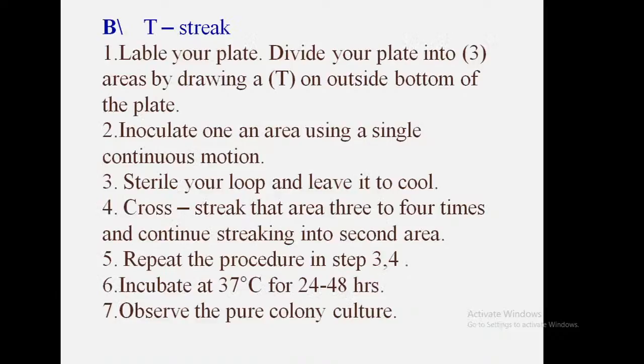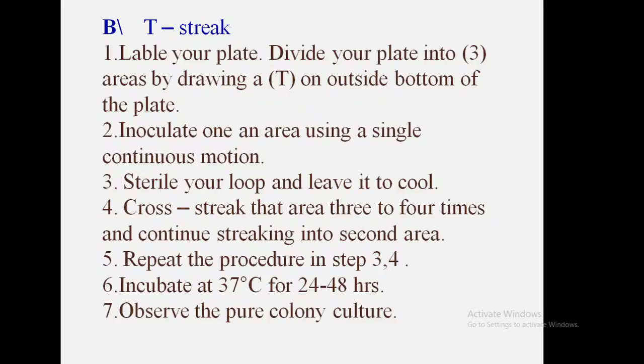Next is the T streak. First label your plate, divide your plate into 3 areas by drawing a T on the outside bottom of the plate. Inoculate one area using a single continuous motion.